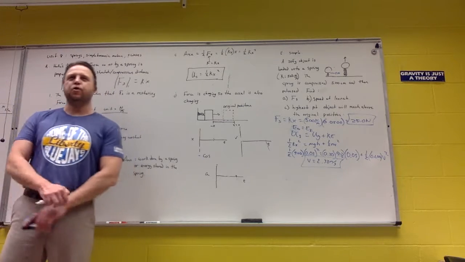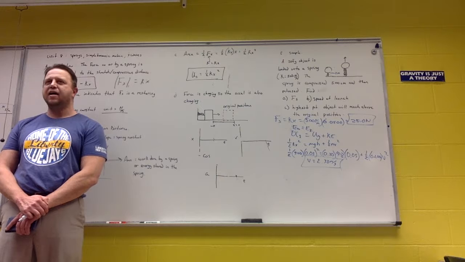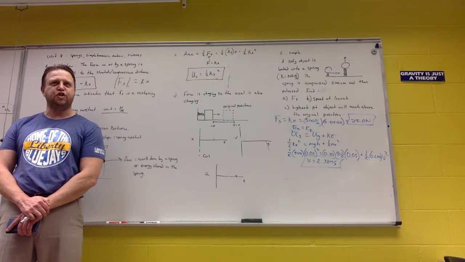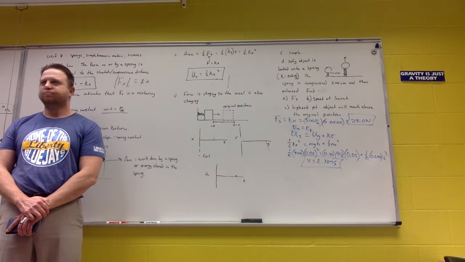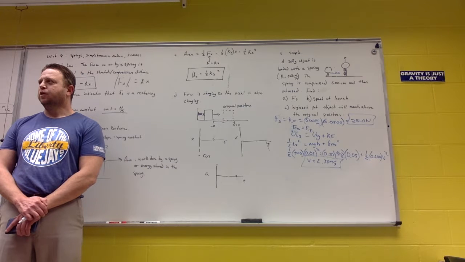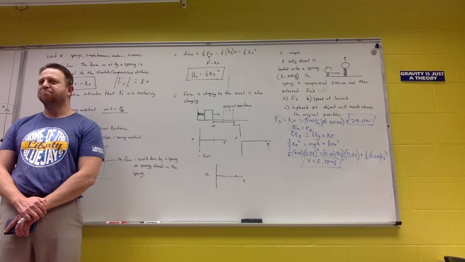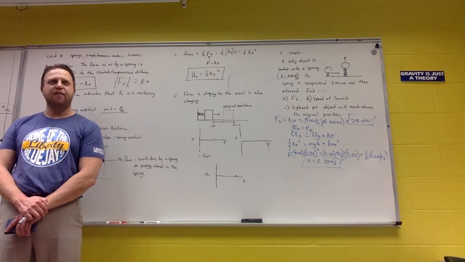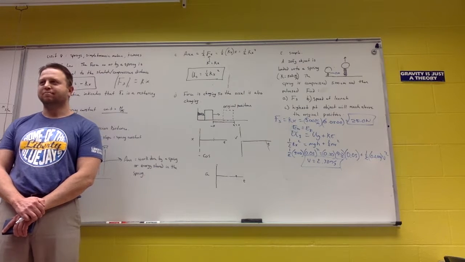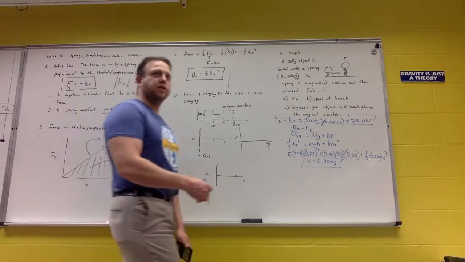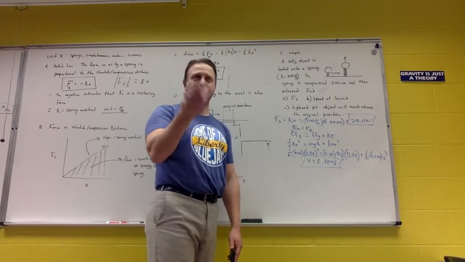Okay, one last one to go. This is the easy one. Highest point above the launch. Initially, the energy's in the spring, and how fast is it moving at the highest point? It's not. So all the energy at the highest point is in gravity.